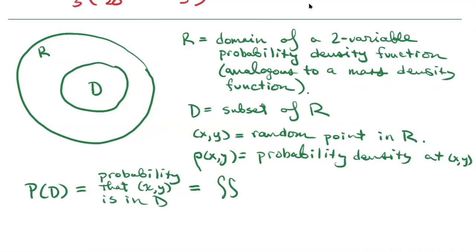It's like adding up mass density where you get mass. If you add up probability density, you get probability. So you have to do a double integral over the domain D, not the whole region, but over this region that you're trying to see if (x, y) is in. So then you just integrate the probability density function over that region.